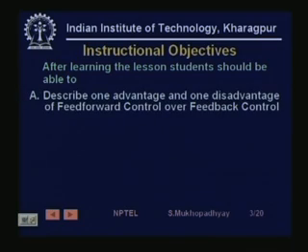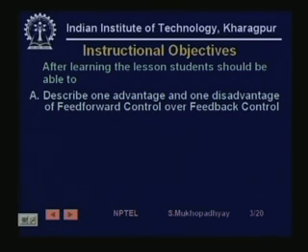Before we do that, we have to take a look at the instructional objectives. After learning the lesson, the students should be able to describe one advantage and one disadvantage of feed forward control over feedback control.